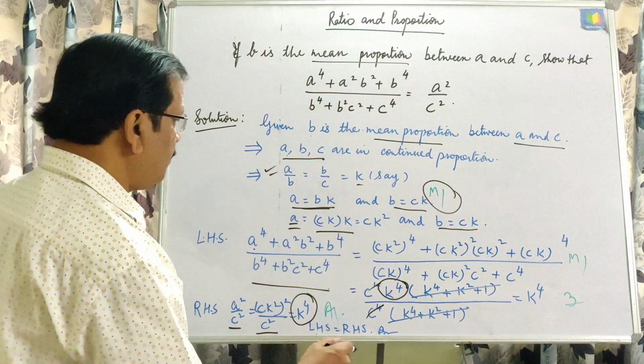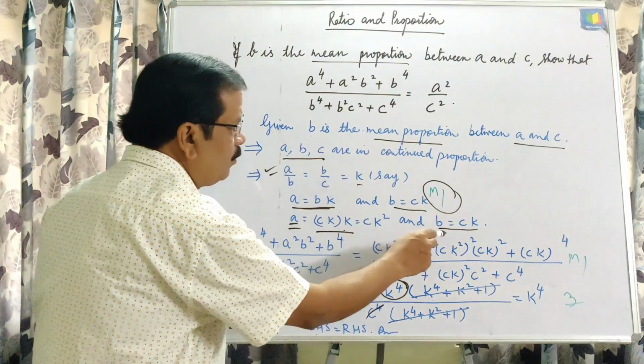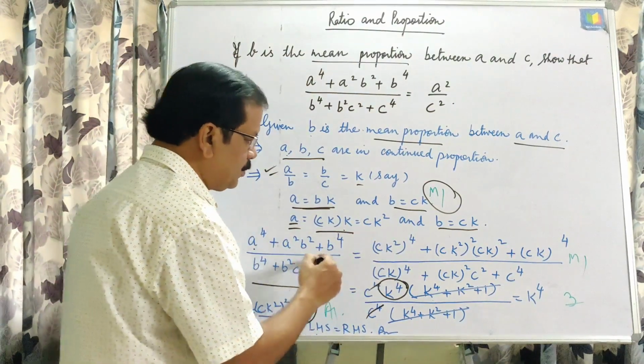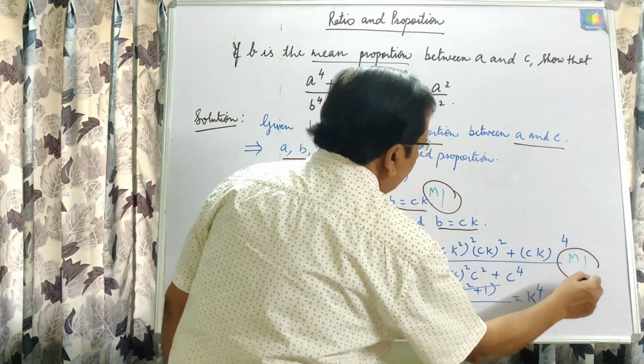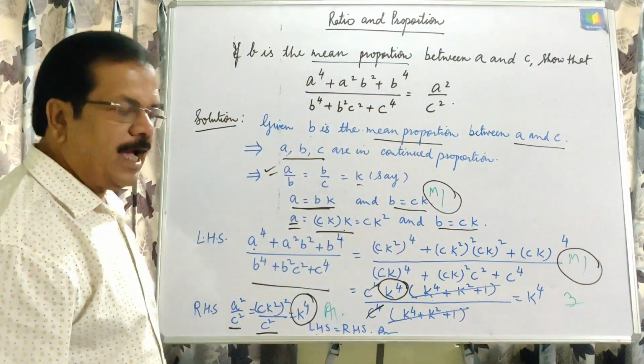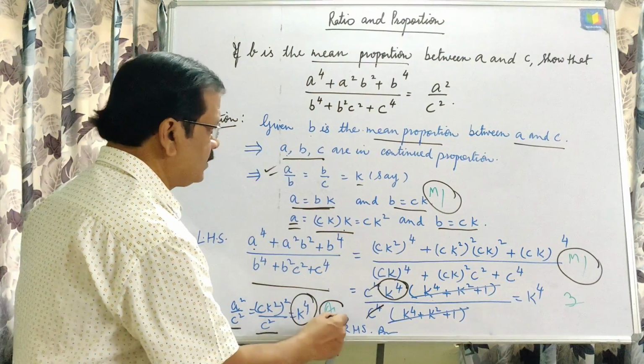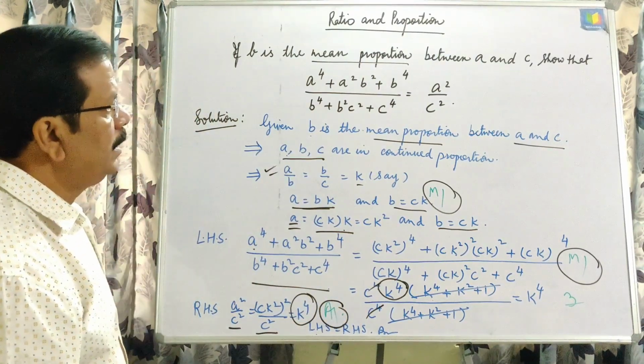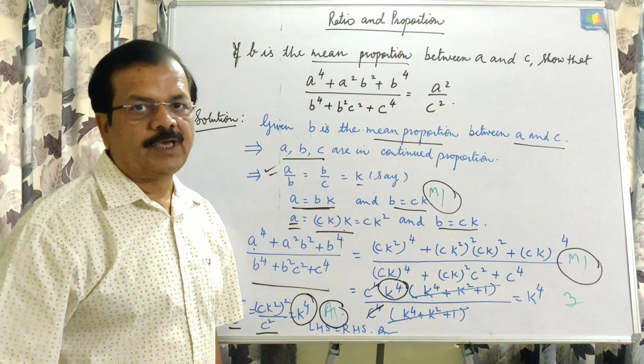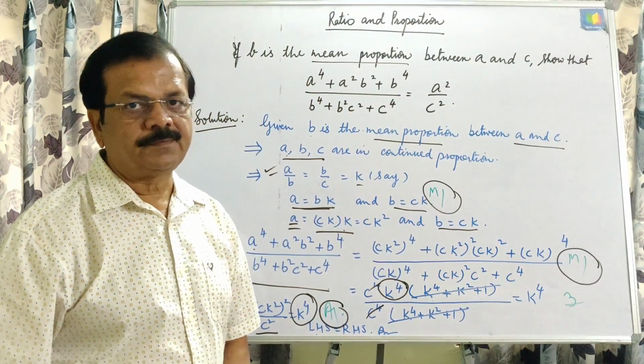And second method, after using this value in terms of k, if you substituted correctly, then the second method mark will be given, and the final answer will be the answer mark. This way the question carried 3 marks. Now next question.